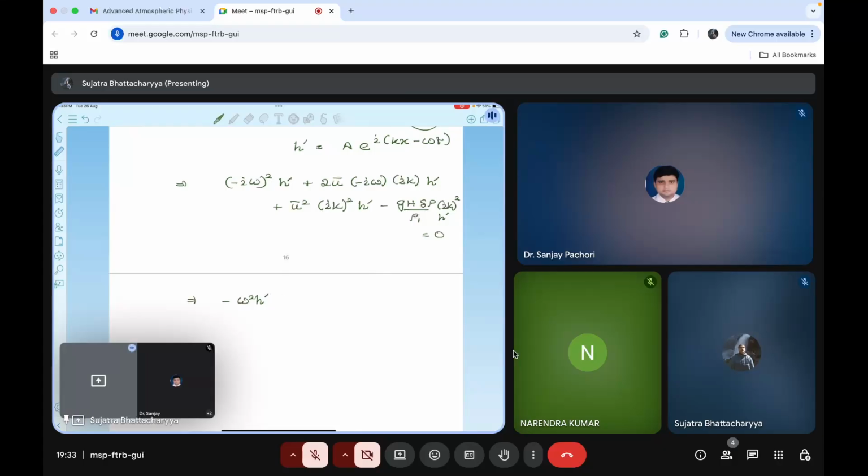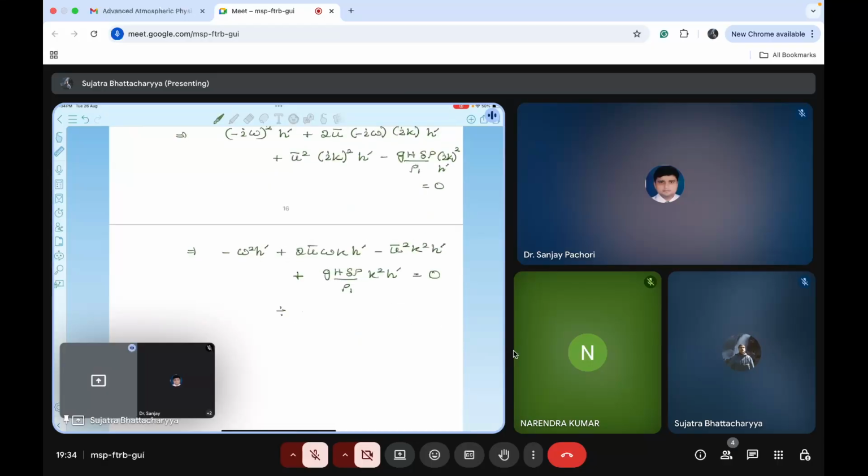So iota square is minus 1. Minus minus becomes plus. It will be 2 ū ω k h' iota square, minus ū² k² h', minus gh Δρ/ρ1 iota square minus, so it will be plus k² h'. Put that equal to 0.